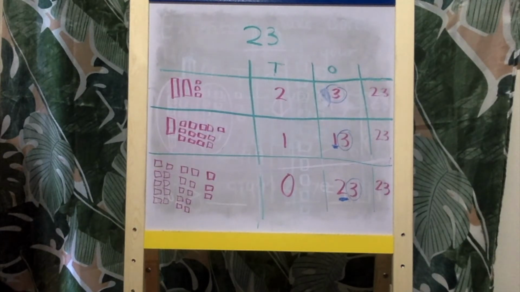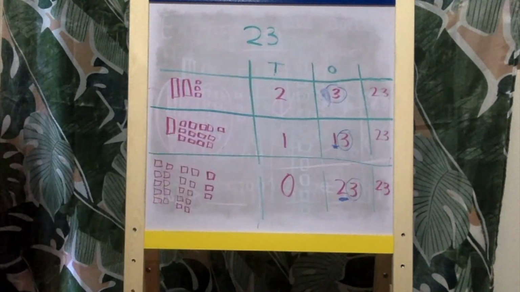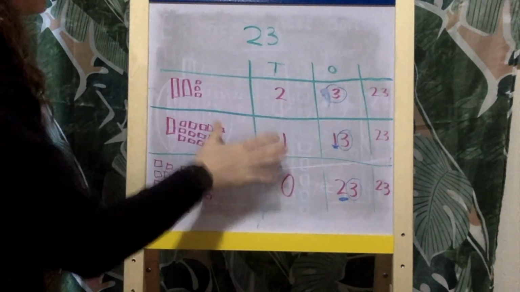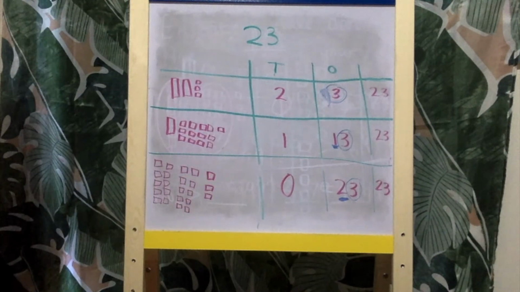Your task today is to choose a number and show the different ways you can partition that number using standard and non-standard ways of partitioning. How many standard ways did we figure out how to work out 23?